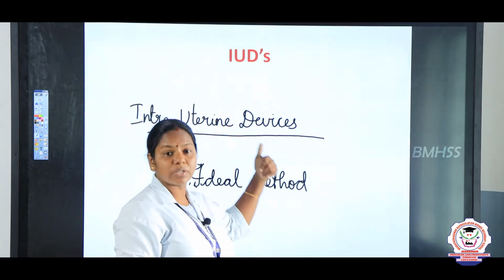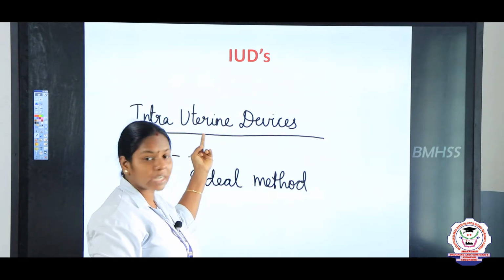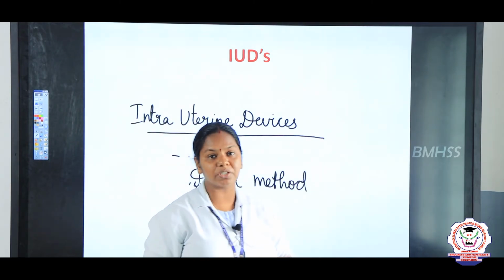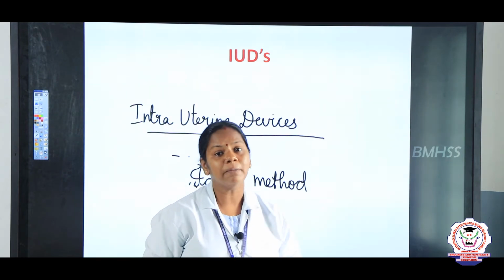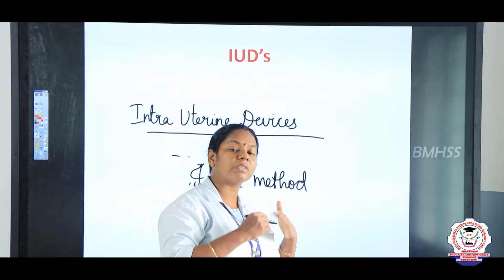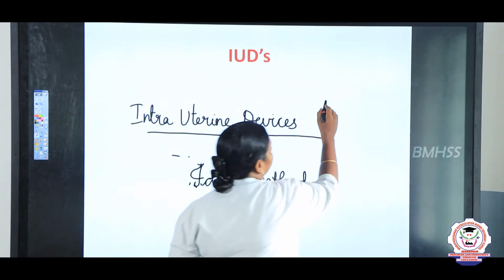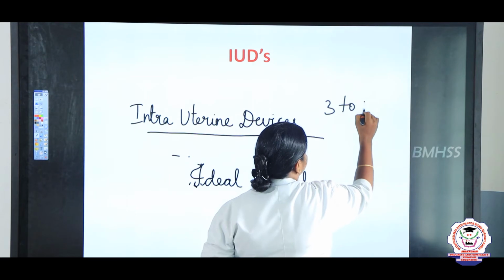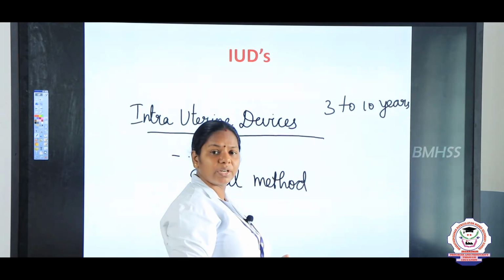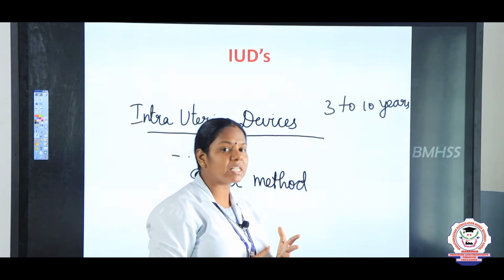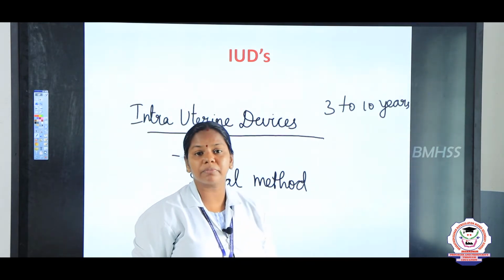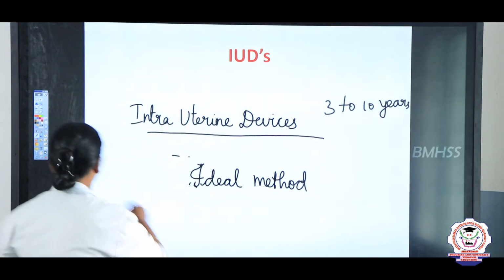Intra means inside, uterine means uterus. Some devices are implanted into the female uterus temporarily to prevent fertilization, and it may be valid from 3 to 10 years. These IUDs are of 2 types: one is copper releasing IUDs, another is hormone releasing IUDs, and apart from this, non-medicated IUDs are there.